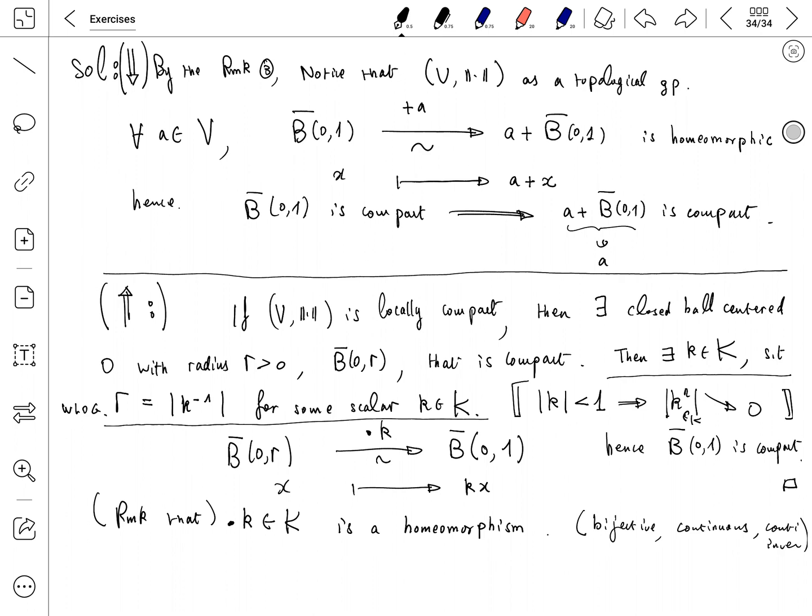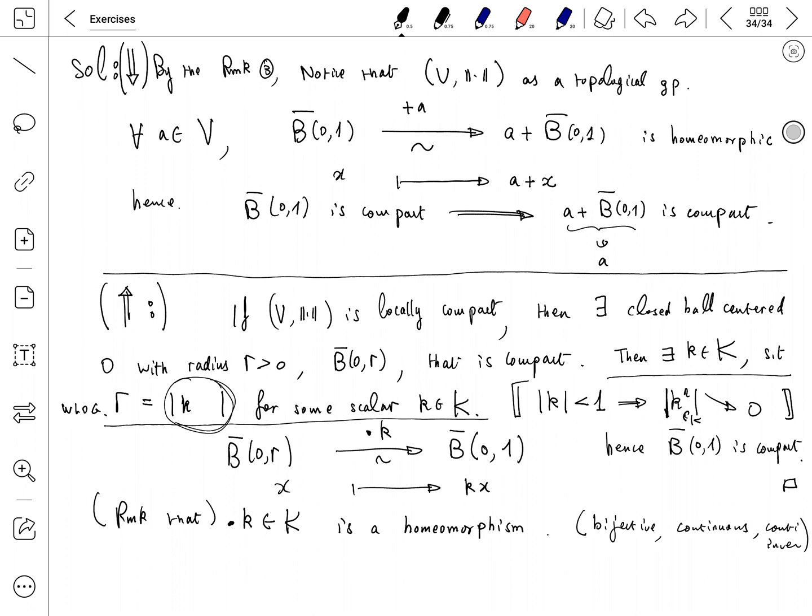Just make sure you pick an element in your field K such that its norm is smaller than that R, and that is okay.